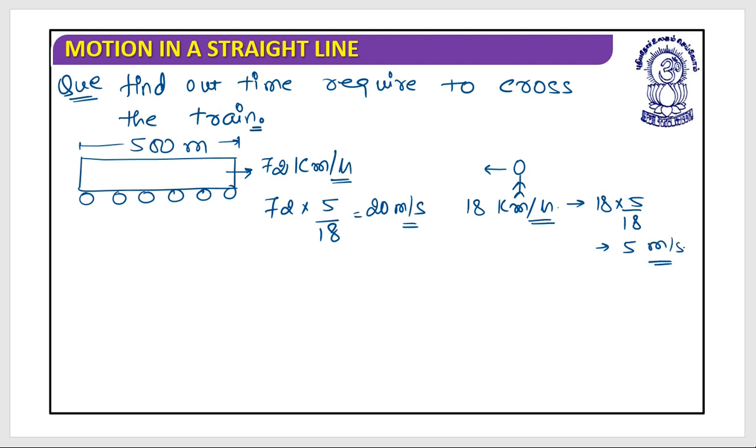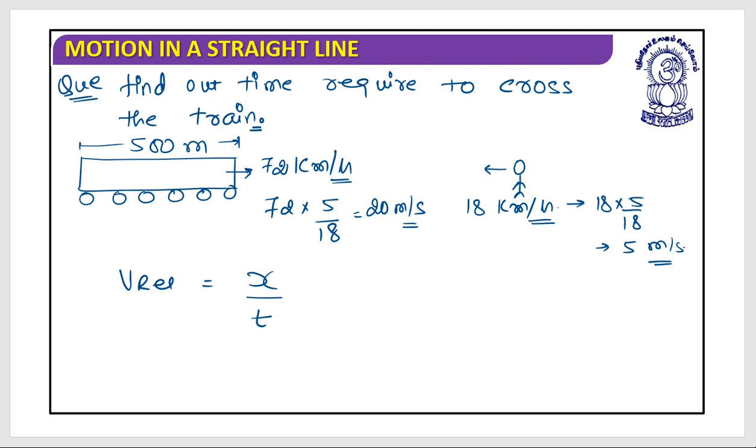First, tell me, these two objects, a train and a person, are they moving in the same direction or opposite direction? Yes, they are moving in opposite directions. So I can have the relation v relative equals distance traveled divided by time taken.